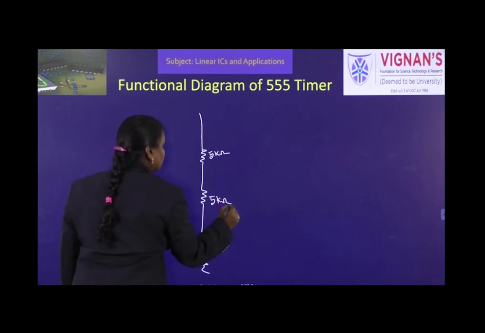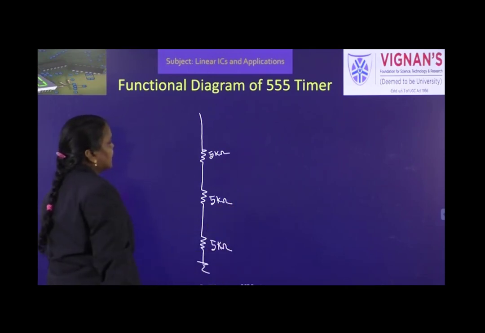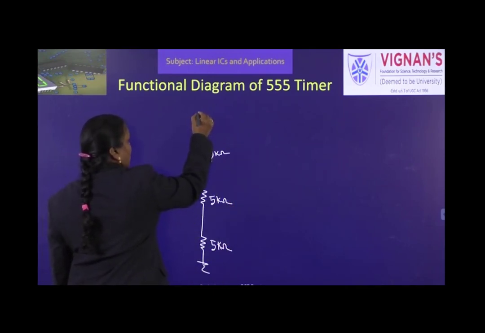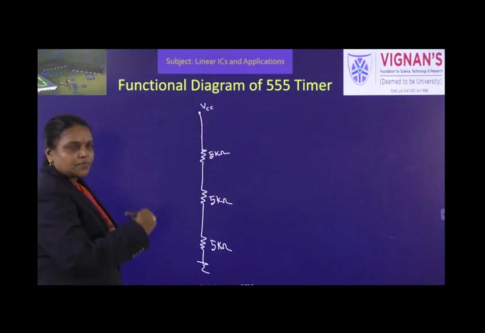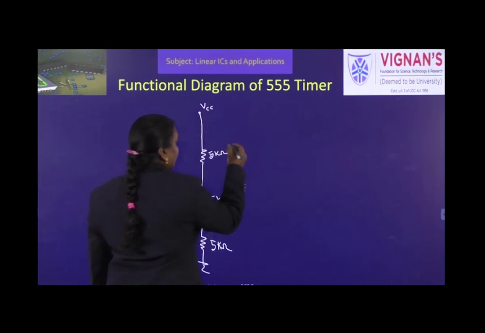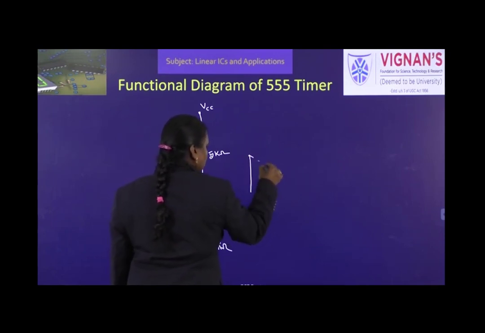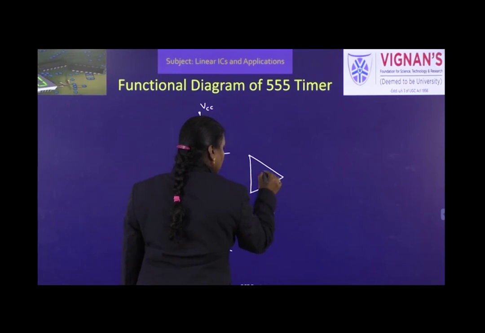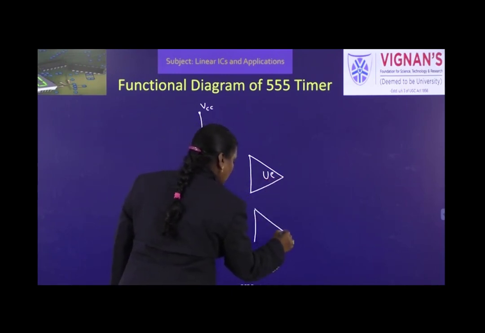For potential division, we have to use the same resistors so that it divides equally, and all are 5 kilo ohm resistors. That's why it is called the 555 timer. This circuit uses two comparators: this is the upper comparator and this is the lower comparator.